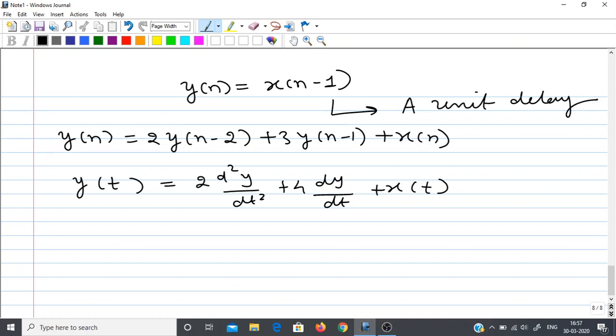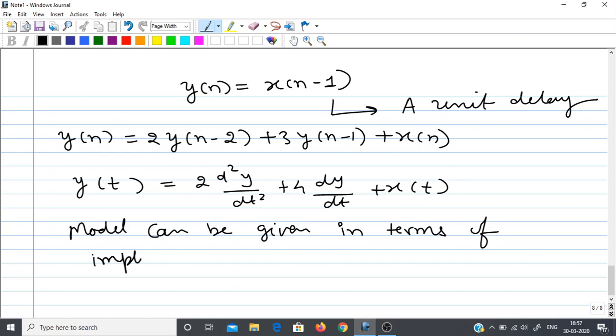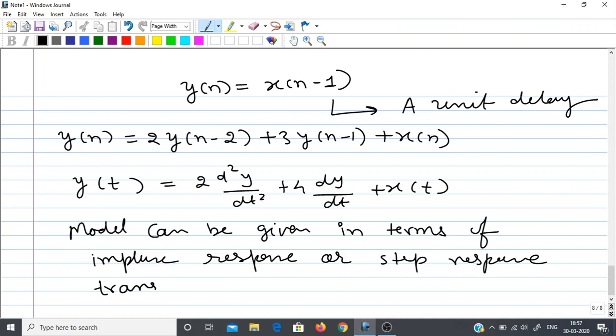So sometimes, especially for a linear time invariant system, the mathematical model can also be given in terms of the impulse response, or step response, or in terms of the transfer function or system function.